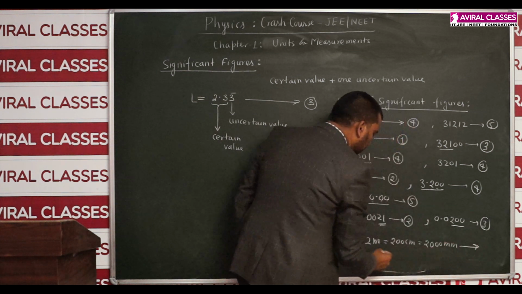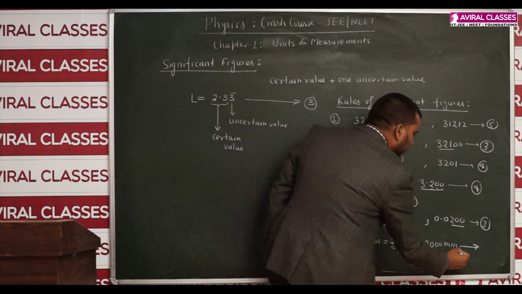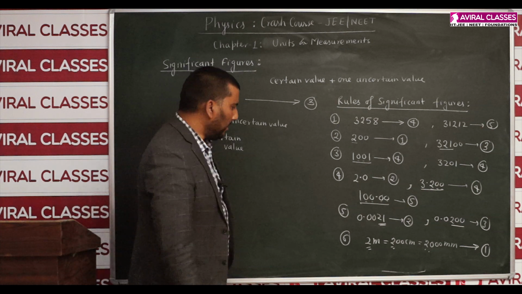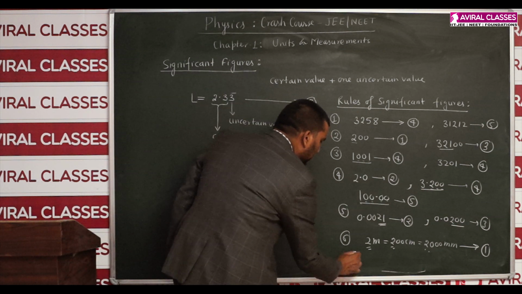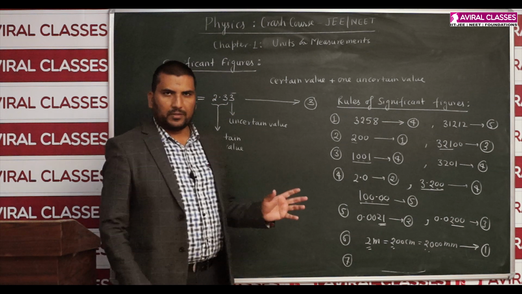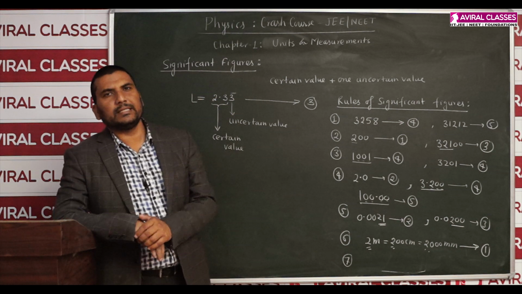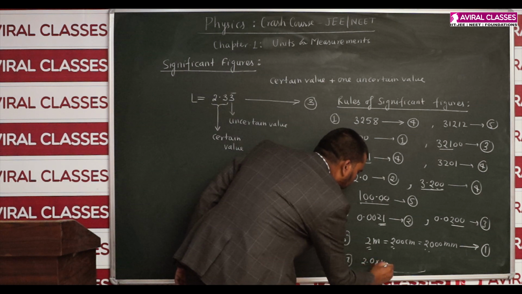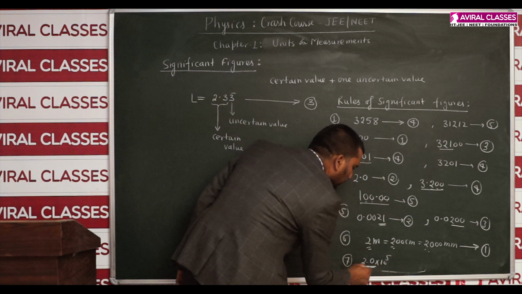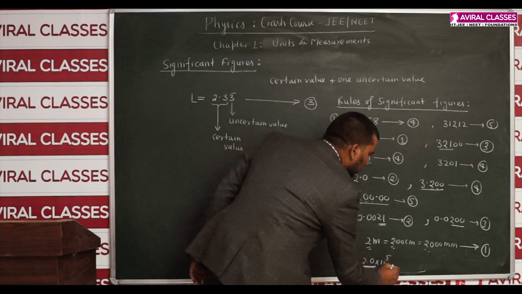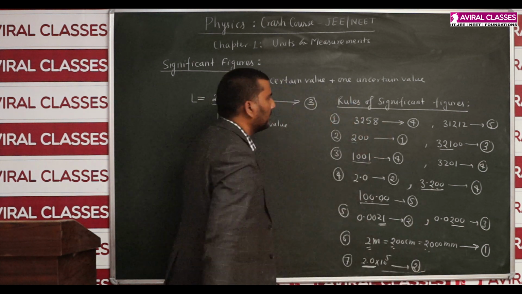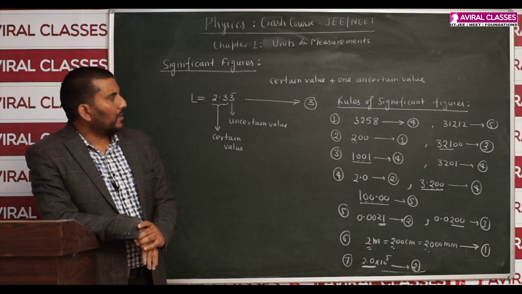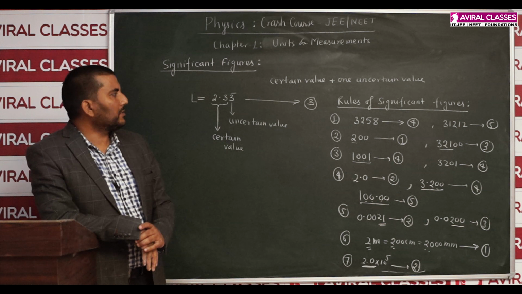In all cases, the significant figure count will remain 1. Similarly, power exponents are not considered as significant figures. If I have 2.0 into 10 to the power 5, then only these two, as per the rule, are significant. I hope you understand these 7 rules of significant figures.